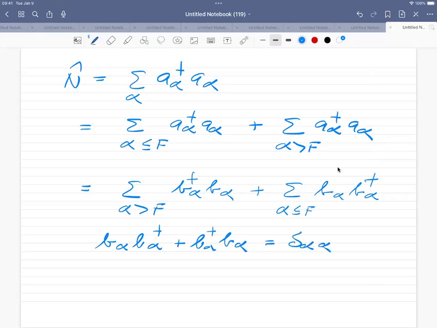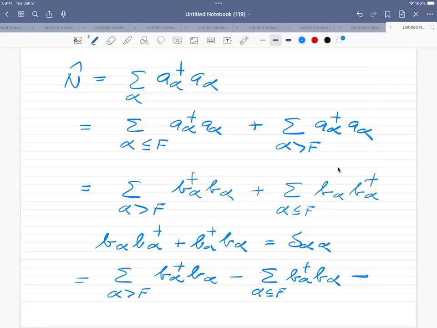Not very exciting. So that means that I can rewrite this now in terms of a sum over alpha larger than the Fermi level of b alpha dagger b alpha, and this is normal ordered, minus one term which is also normal ordered, because when I'm acting on a state, I want to keep everything normal ordered.